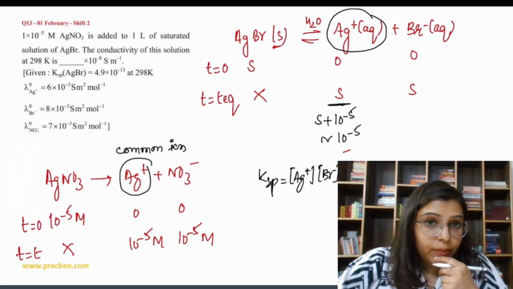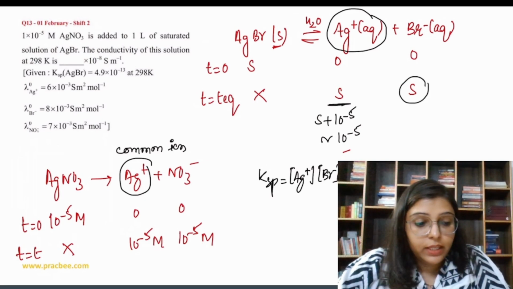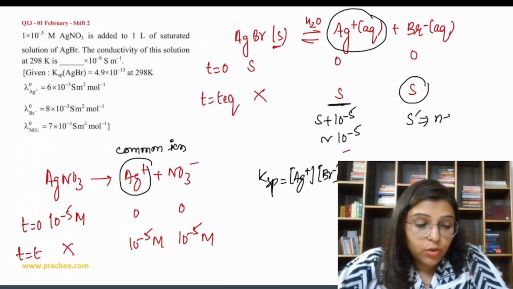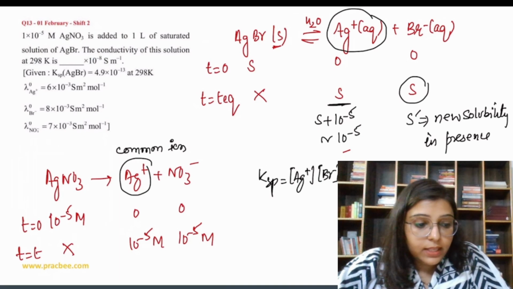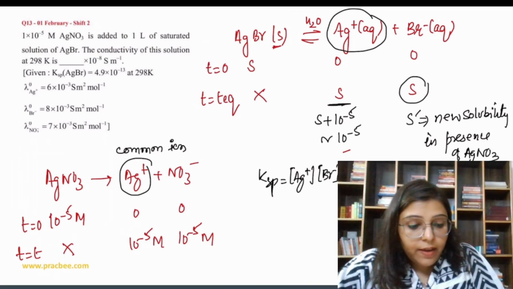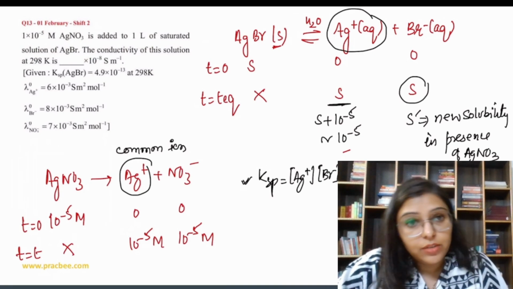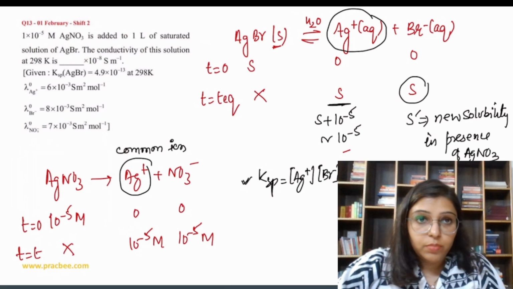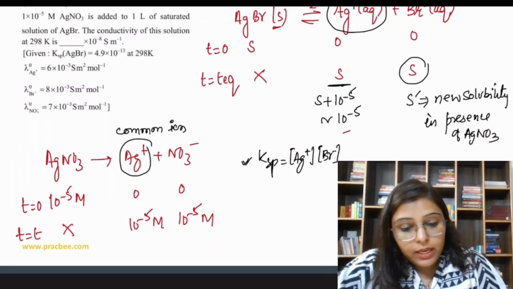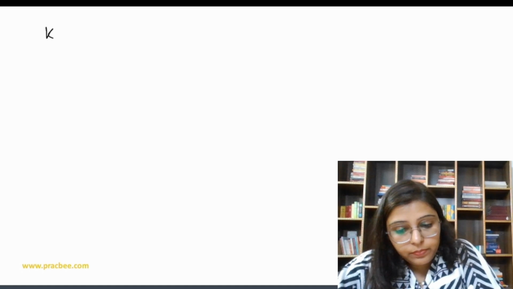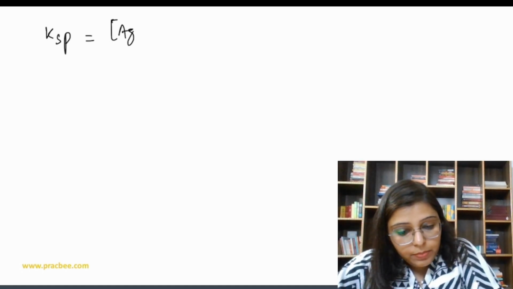So if I find out the new solubility, now if I say S is now S dash, this is the new solubility in presence of AgNO3. Then we have to use this formula KSP is equal to concentration of Ag plus and concentration of Br minus to find out the new solubility, right? So let's do it. KSP is 4 point, it is Ag plus and Br minus.